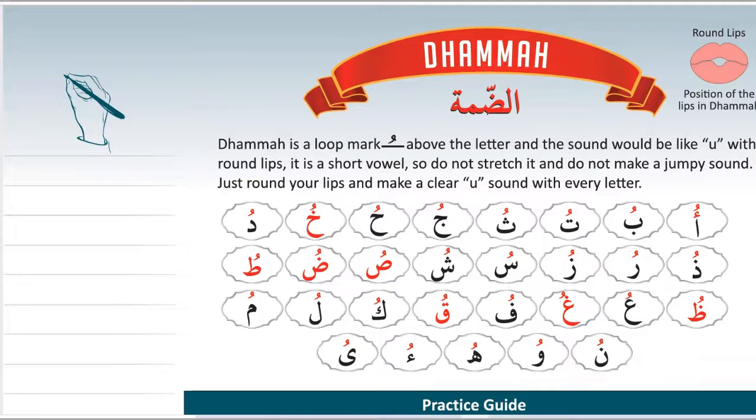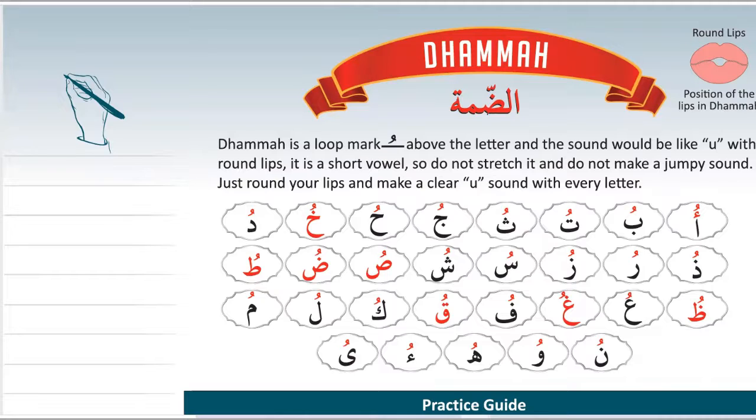Hamza, dhamma, u. Ba, dhamma, bu. Let's revise the makharaj of these letters too, the sound and pronunciation, while practicing the dhamma. Ba is just like a boat with a dot at the bottom, and we are saying bu. Don't stretch these sounds.